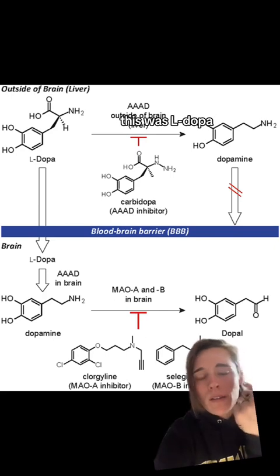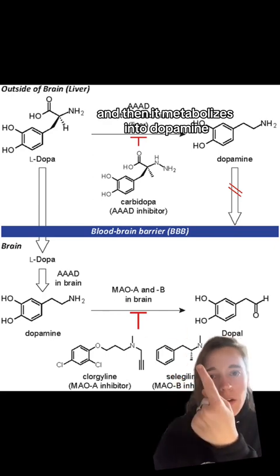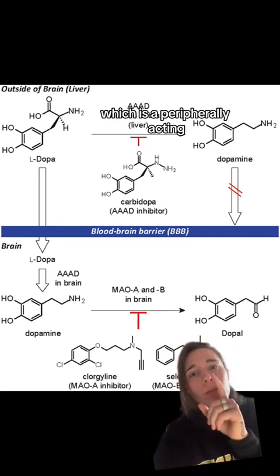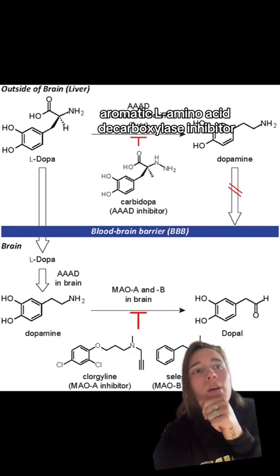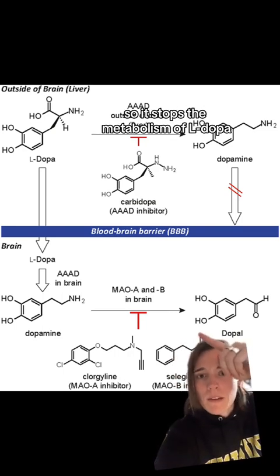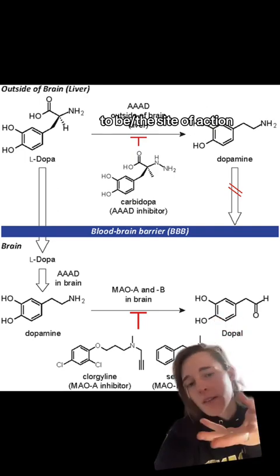So a way around this was L-dopa, so it crosses the blood-brain barrier and then it metabolizes into dopamine. So we formulate it with carbidopa, which is a peripherally acting aromatic L-amino acid decarboxylase inhibitor. So it stops the metabolism of L-dopa in the periphery and allows it to get into the brain where it needs to be, its site of action.